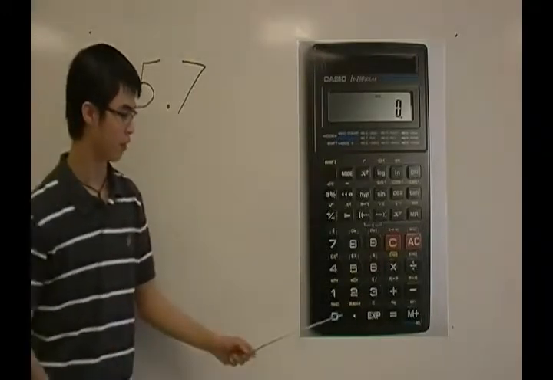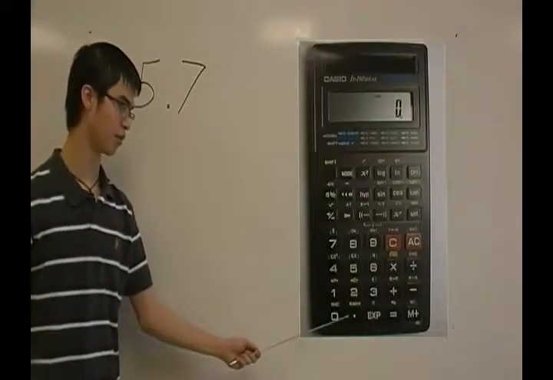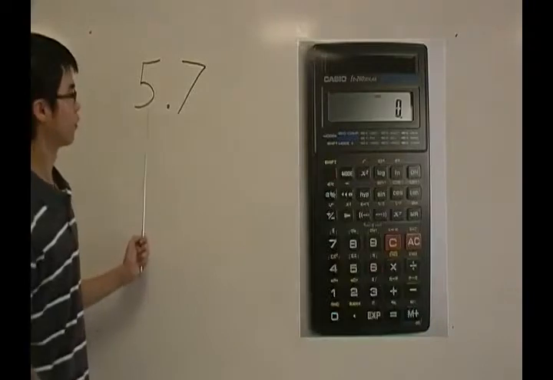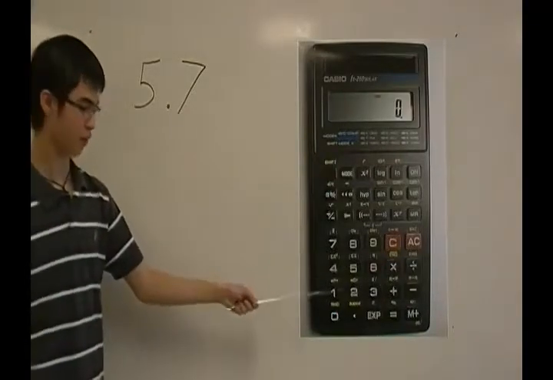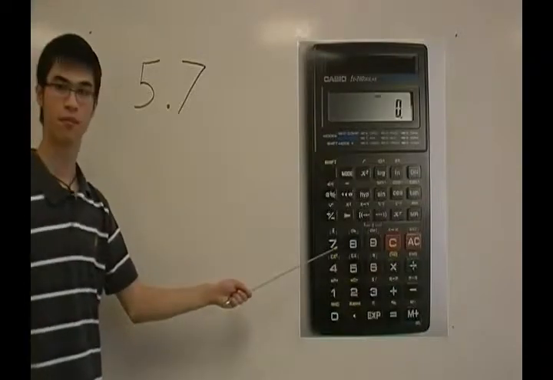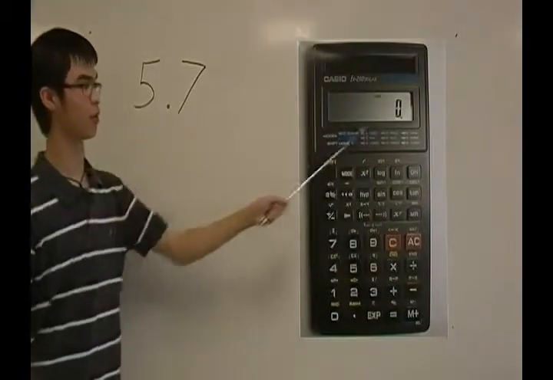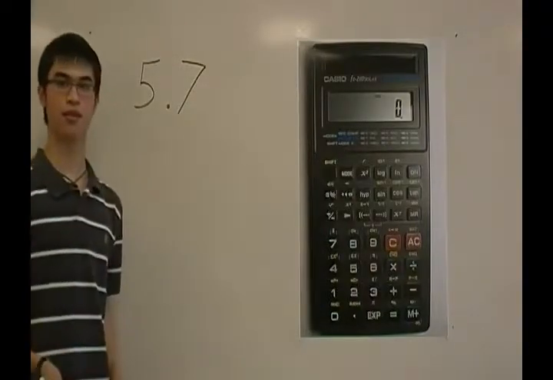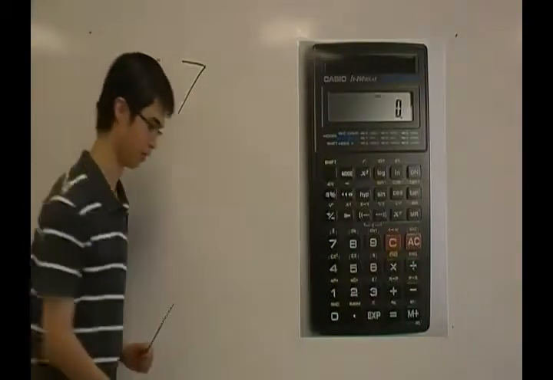Now, the decimal button is this thing right here. It looks like a little white dot. What you'll do first is you'll hit 5, decimal, 7, and that's what you'll come up with up here. And that's how you input the decimal function on this calculator.